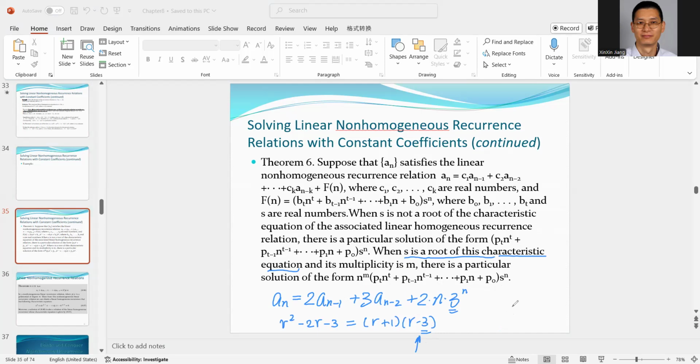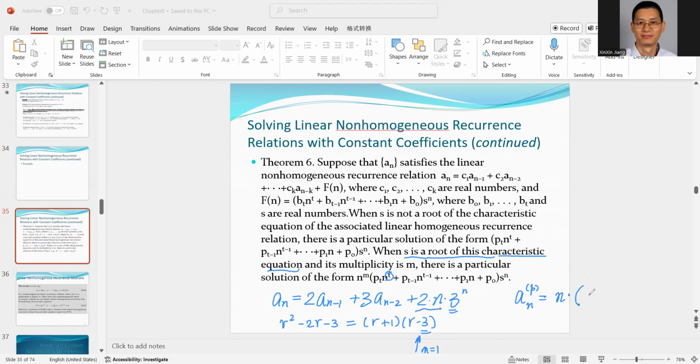So the particular solution, a sup p sub n, would be n to the m with m equals 1. Multiplicity is 1 for this one. So you would have n times a polynomial of degree 1, so this little t is 1.